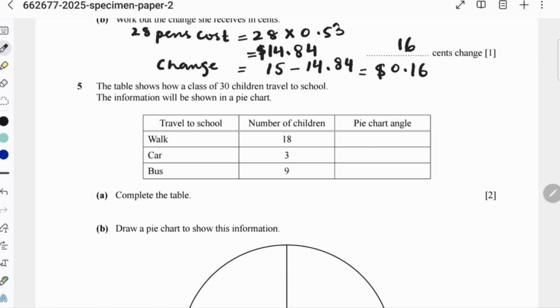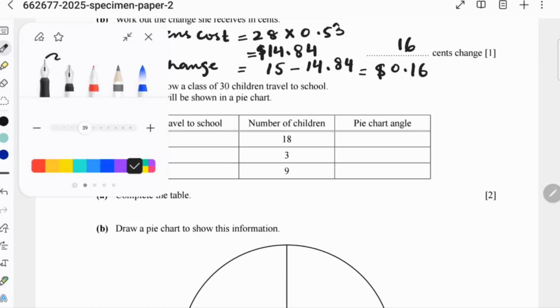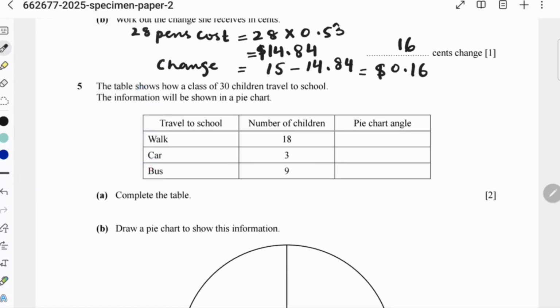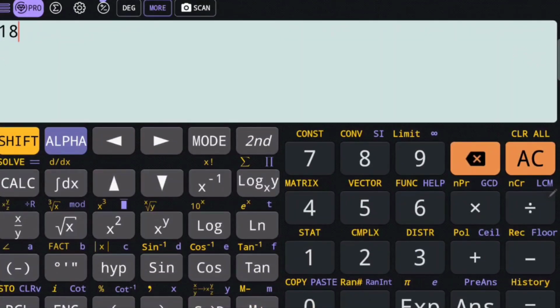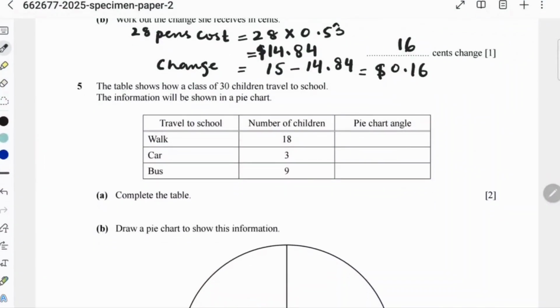All right, we'll have to find out the total first. 18, 3 and 9 we are going to add. 18 plus 3 plus 9 is equal to 30. It means that 30 is the total number of children. So we are finding out the angle for each and every travel to school.